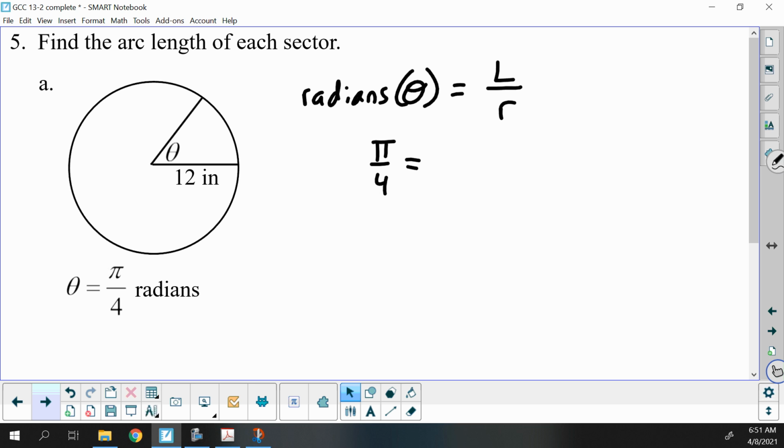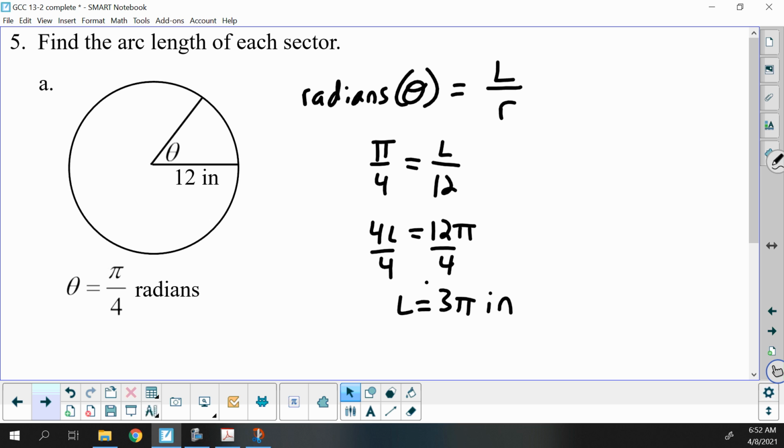Our arc length is what we want to find, so we'll leave that as L. And then the radius, they tell us, is 12. From there, all we're going to do is cross multiply. 4 times L is 4L. 12 times pi is 12 pi. Divide both sides by 4, and we get L is equal to 3 pi. And our units of our arc length should always be the same as the units of our radius.